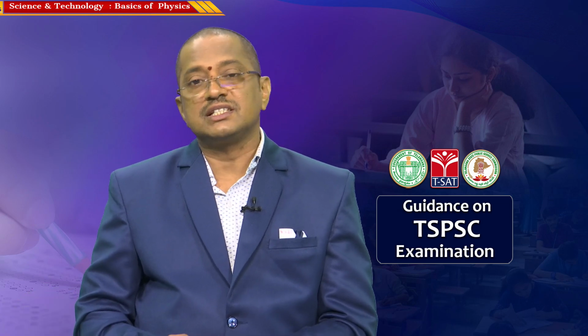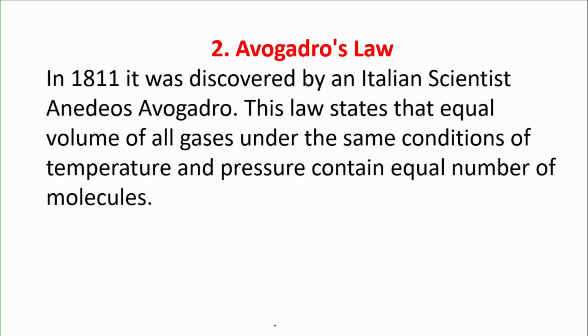And the next one, the second law, is called Avogadro law. Avogadro law was discovered in 1811 by an Italian scientist, Amedeo Avogadro. This law states that equal volumes of all gases under the same conditions of temperature and pressure contain an equal number of molecules.